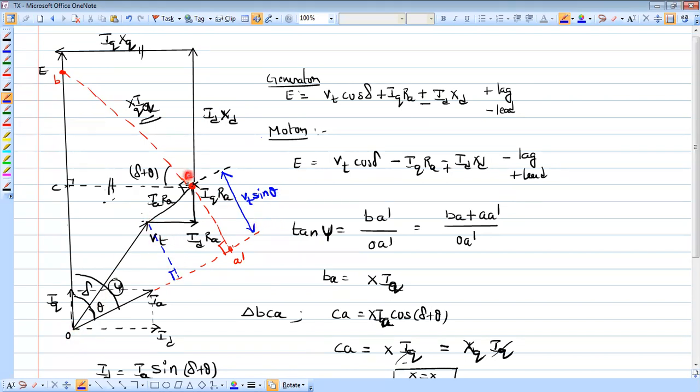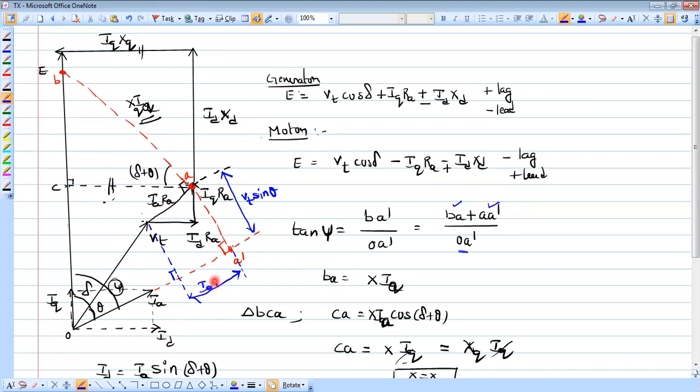Okay. Now we know the value of AA dash and BA. So if you know BA and AA dash, numerator over. Then what about the denominator? It is OA dash. So OA dash, up to this point, what is this value? It is equal to IA RA, right?